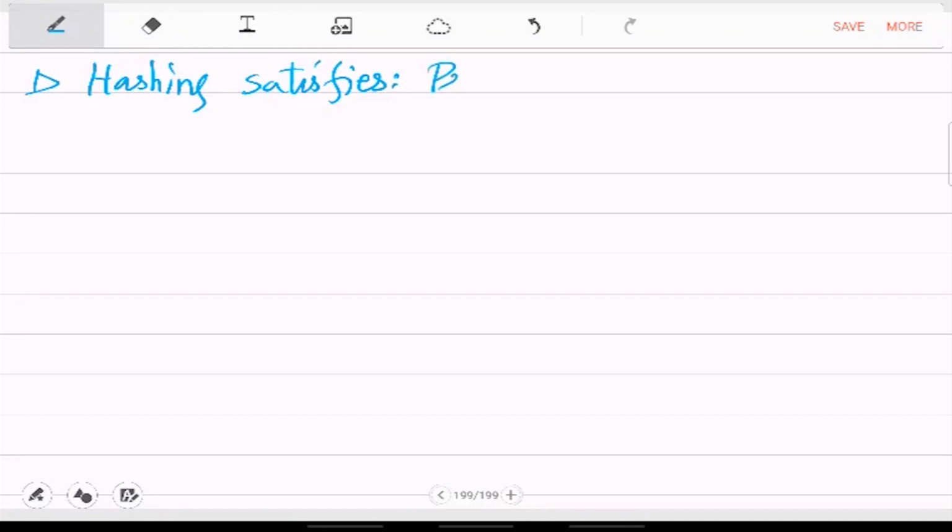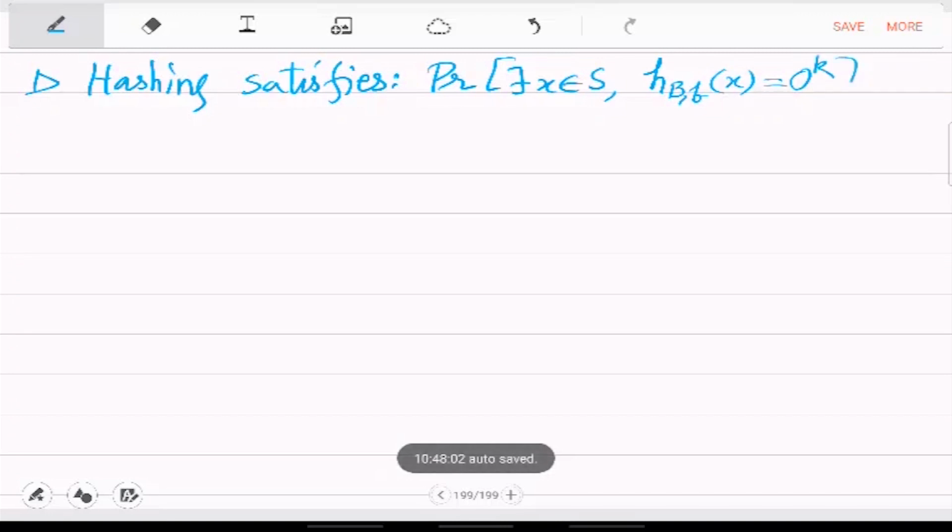The probability that there is an element X in the set S which is in the pre-image of 0, as you randomly pick the matrices, this probability is at least size of S by 2 raised to K, right?